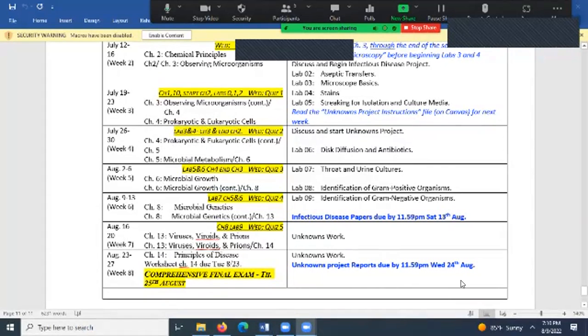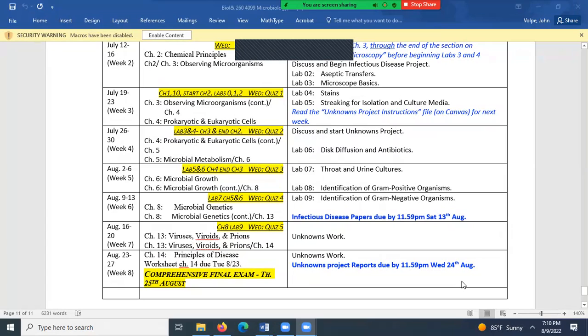So today we're doing lab 9, identification of gram-negative organisms. We will have lab in the future, but it will just be like a 15-minute session on questions and answers. So I'll log in every day during the lab for 15 minutes to answer questions.